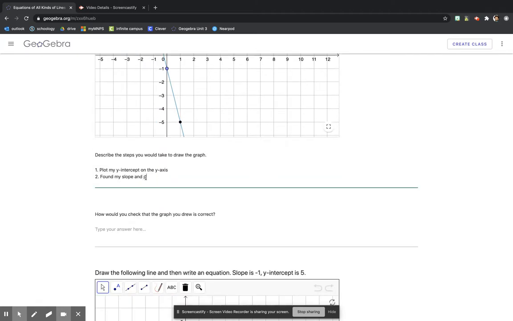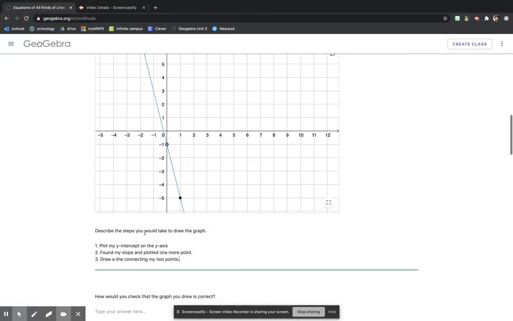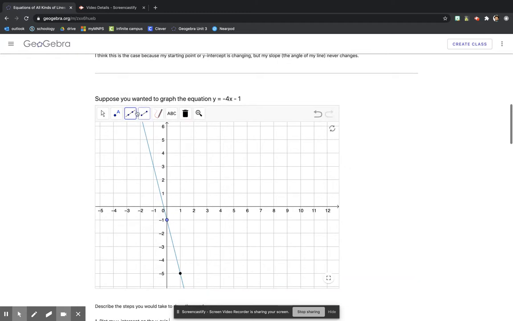So I found my slope and plotted 1 more point. And now that I have 2 points, I just have to draw a line connecting my 2 points. That last step is easy, right? I just use the line tool, click on my 2 points, and it makes a line.